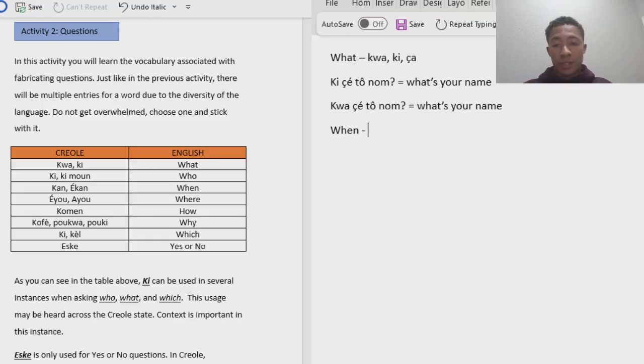So for when, you have quand and et quand. These are virtually the exact same word, just with a slight pronunciation variation. So within any context, you can use these. So quand tu fais ça? When did you do that?